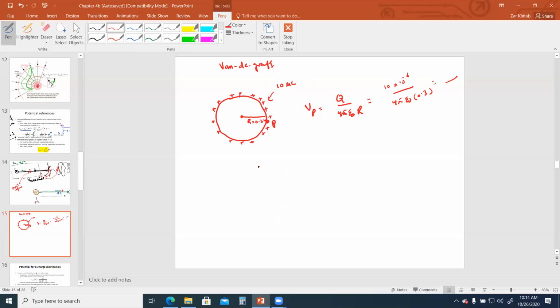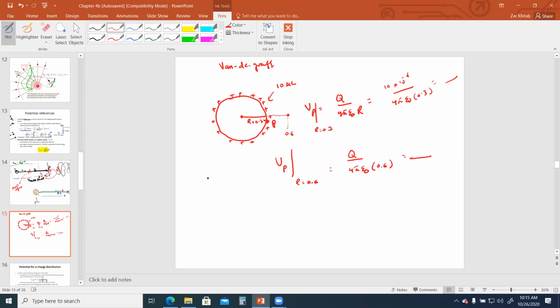Any question here? Vp at R equals 0.3. What will be the Vp at R equals 0.6? 0.6 is somewhere here. It would be Q over 4 pi epsilon naught times 0.6.